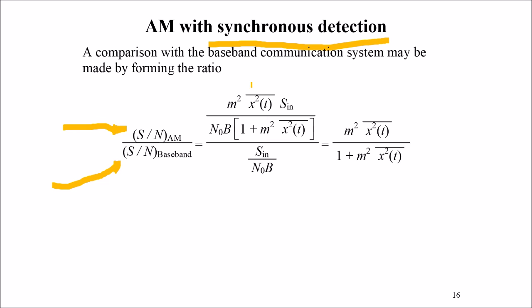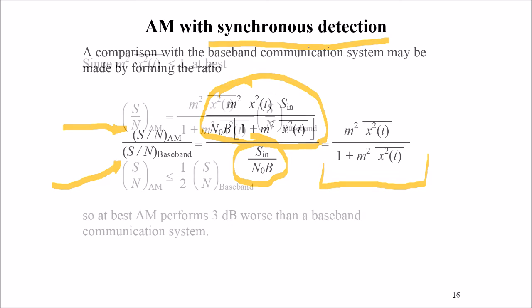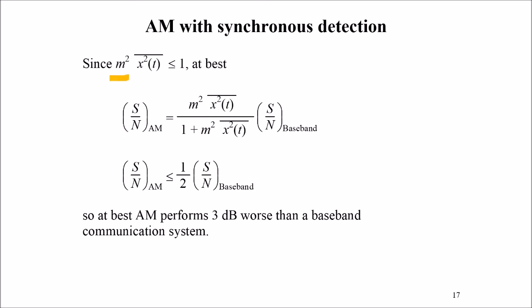And so here's the signal to noise ratio for the AM divided by the signal to noise ratio for baseband, and after things cancel, we get this expression that is greatly dependent on the value of M and the message power, X squared of t time averaged, I should say. Taking the same criteria, M squared times X squared of t time averaged has got to be less than or equal to 1.